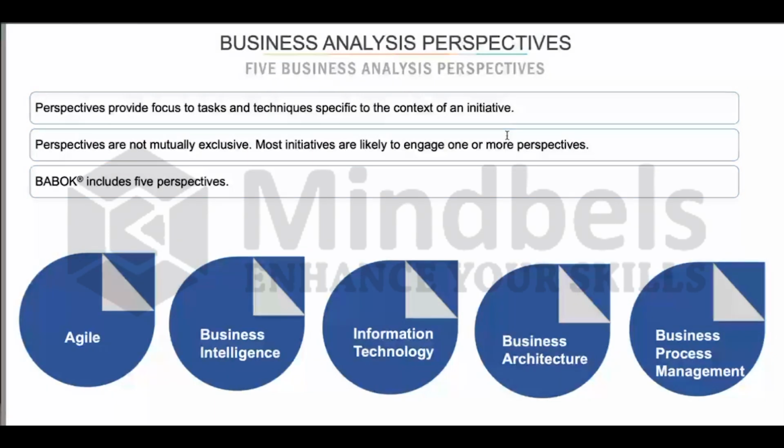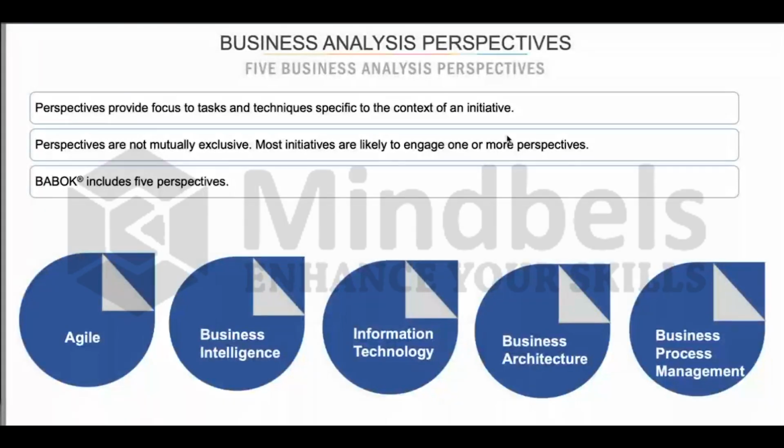We understand the techniques related to it, and we make sure it includes all the aspects of the business, like agile, business intelligence, information technology, business architecture, and BPM, business process management. So these are the five perspectives that need to be kept in mind.